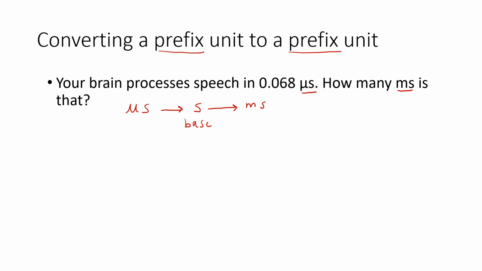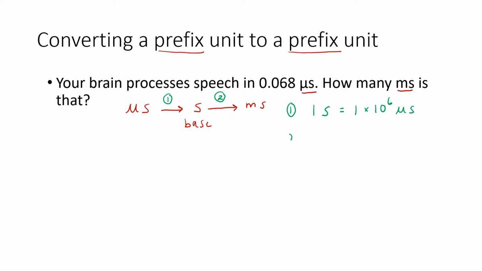That means we're going to actually need to write two different unit conversions. The first unit conversion will take us from microseconds to seconds. The second unit conversion we write will take us from seconds into milliseconds. So what are going to be our two unit conversions? The first one, what's our relationship between microseconds and seconds? Seconds is the larger unit, so 1 second is equal to 1 times 10 to the 6th, or a million, microseconds.